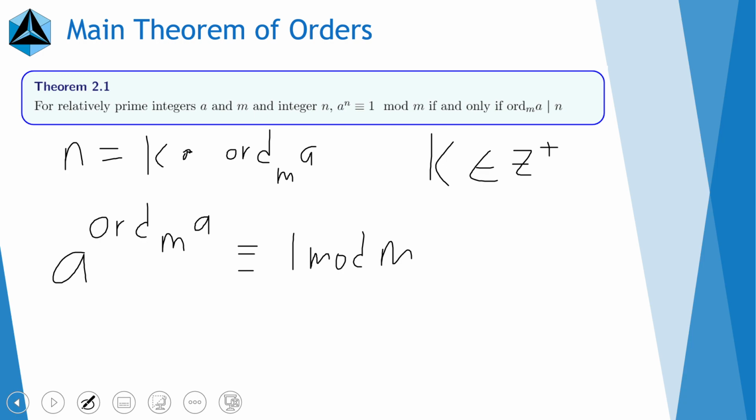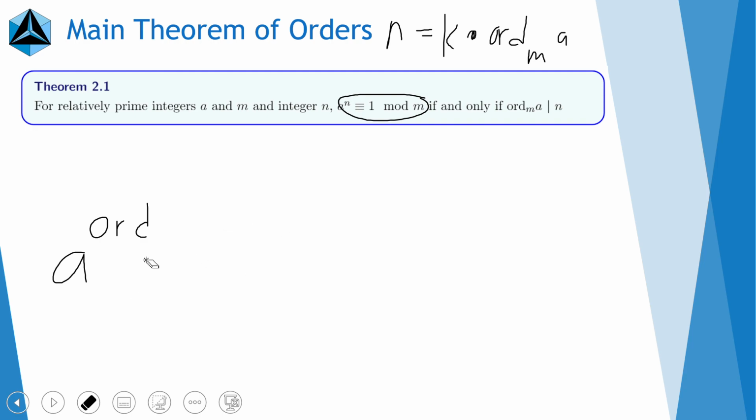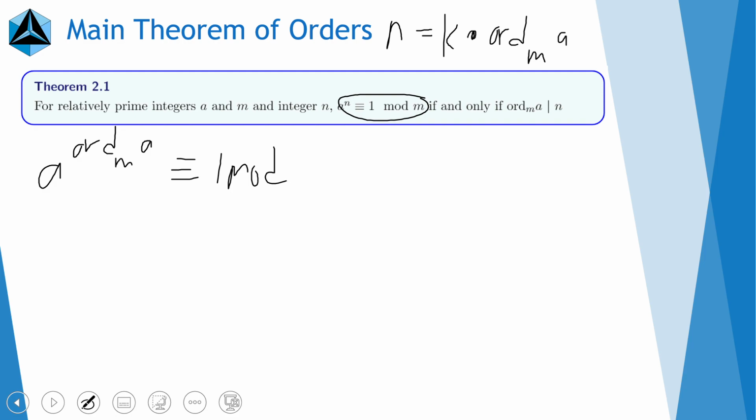We want to manipulate this equation to get our result. I'll rewrite this: a to the power of ord of a is congruent to 1 mod m.